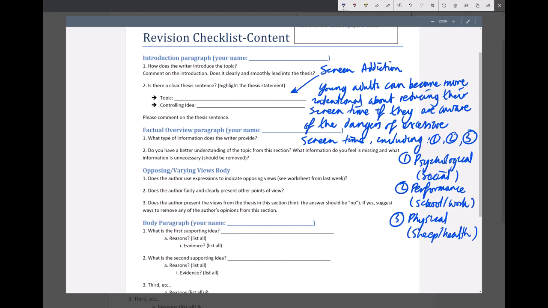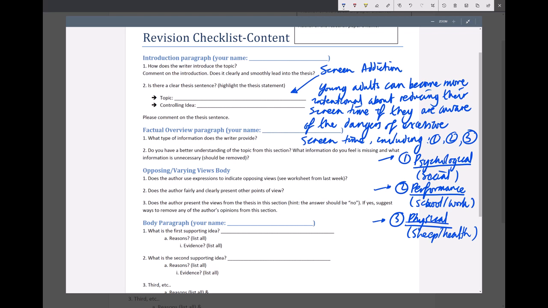Now, you could actually write one of these and think about 3 physical effects, or 3 performance effects, or even 3 psychological effects. So depending on how much research you've done, you can be more general, whereas you can find 1 psychological effect, 1 performance effect, and 1 physical effect. Or you could be much more specific, in that you can mention 3 physical effects.